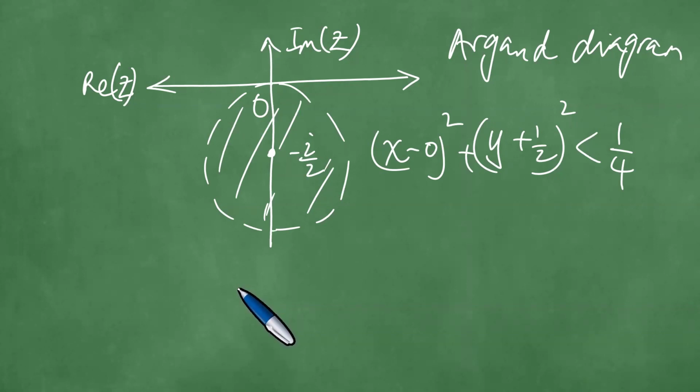Now, there are things that I want us to discuss as we have sketched this. We shaded the region that is interior to the circle, but also we have made the boundary dashed because this is strictly less than the radius. So we are describing the region that's interior.